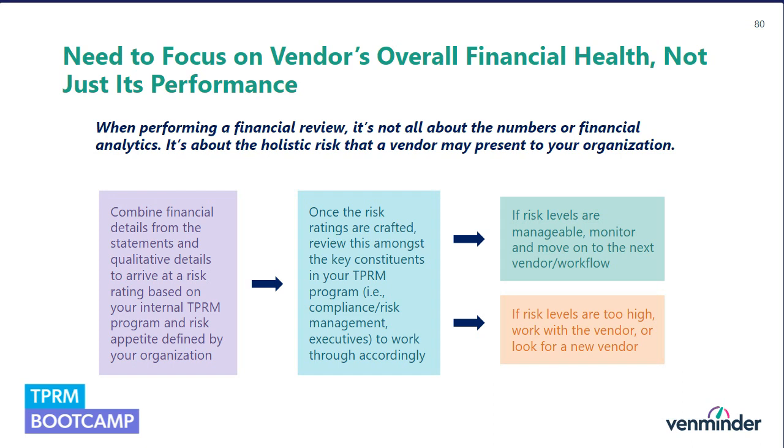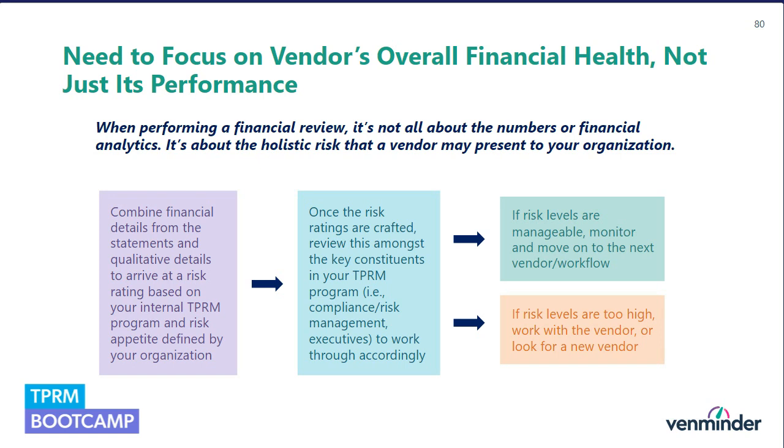It's important to view the vendor in a holistic, comprehensive fashion and combine those details to ultimately craft your risk ratings and then be able to trigger those workflows as it pertains to the rest of your third-party risk management practices and policies and procedures. If those risk levels are manageable and are worthy of being accepted by your team based on your policies and procedures, monitor this and move on to the next vendor or workflow. You can, again, next year perform the same type of financial health assessment.